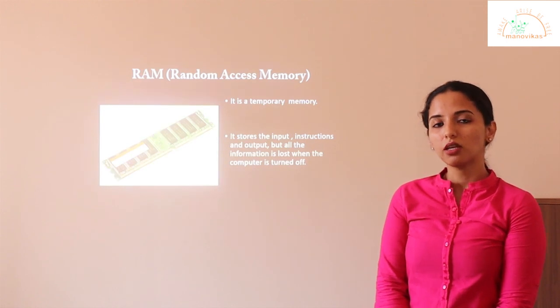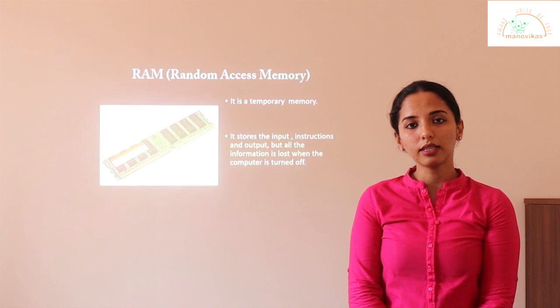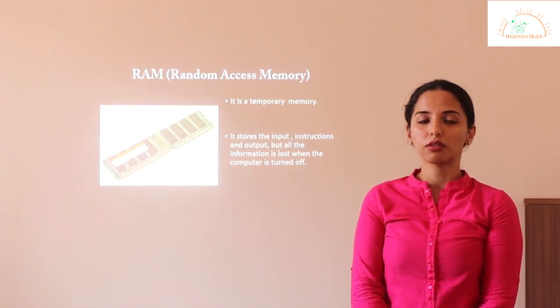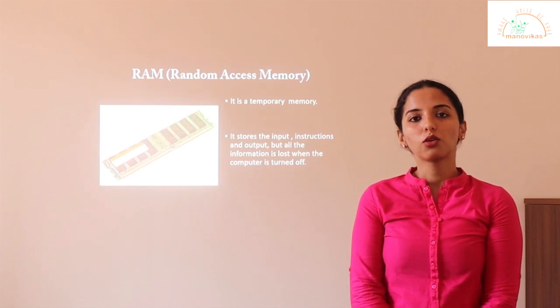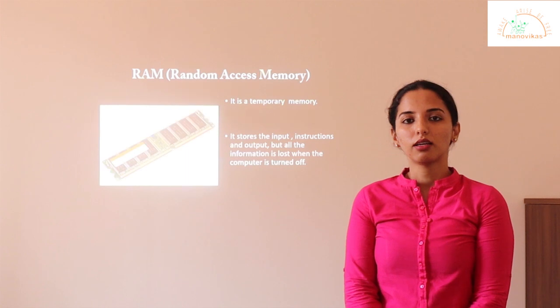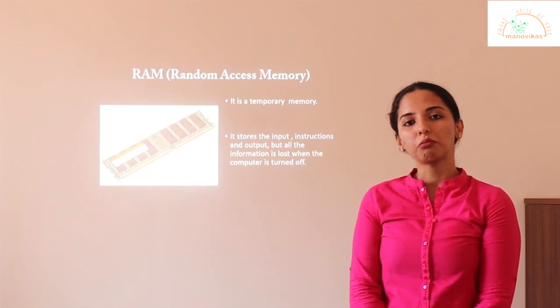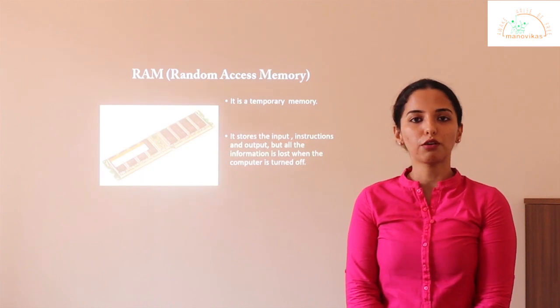For example, if we are typing a document on the computer and suddenly the computer shuts down, all the data that we had typed goes off. It's all lost. That's because RAM erases all its memory when the computer is turned off.